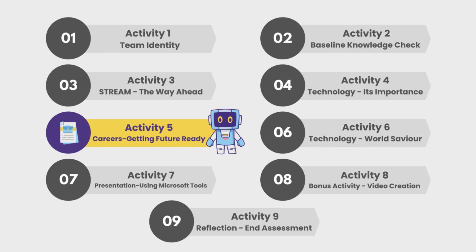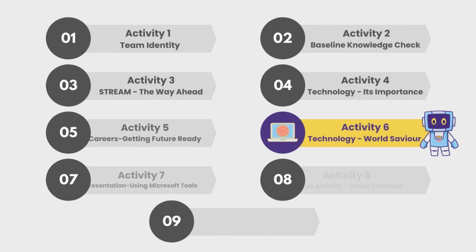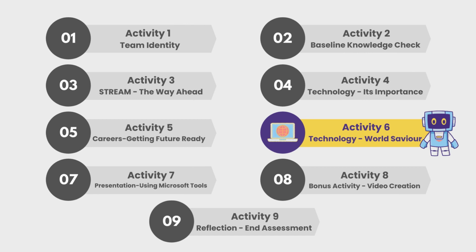Now, once the students have understood the skills that they need, how technology plays a role in different career paths, and the different career paths they can possibly choose, the students move on to activity 6, which is technology, the world savior. Now, teachers, this is a very interesting and important activity for students.